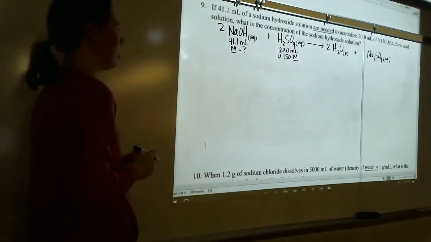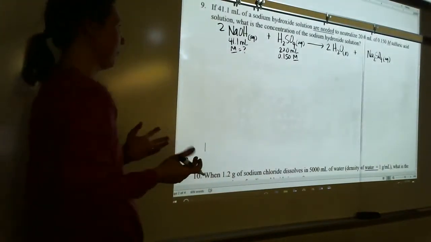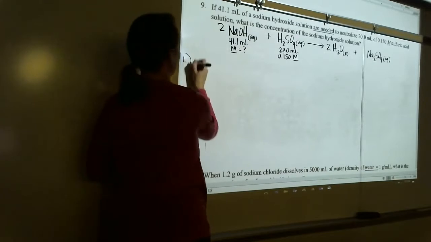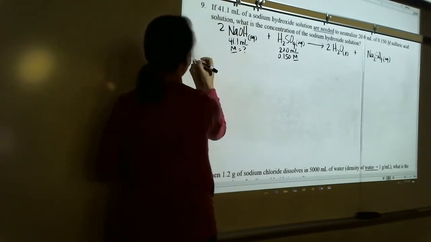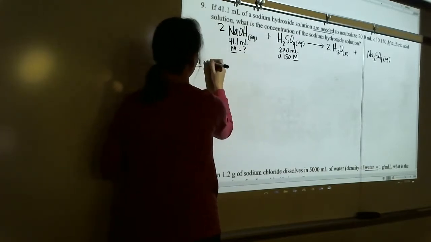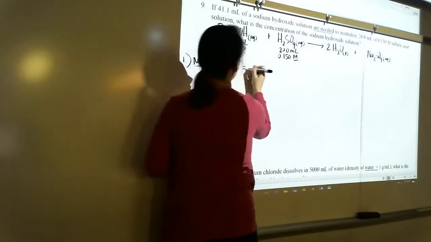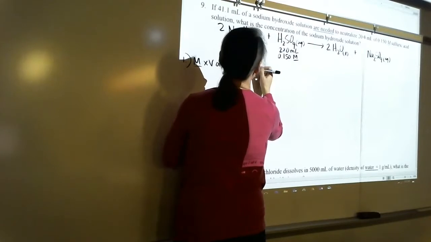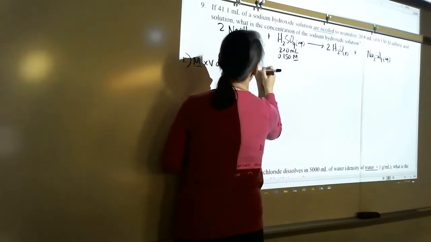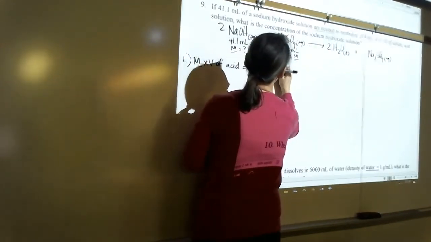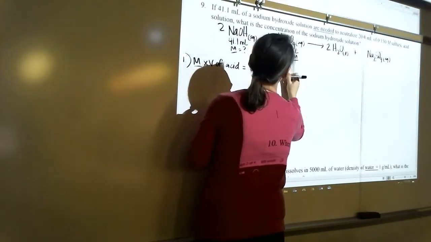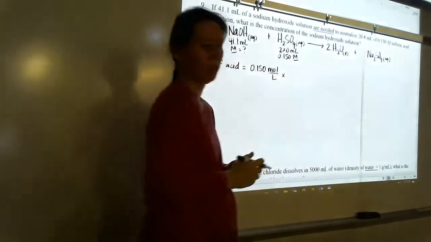All right, so titration, we have to do some steps, right? First of all, we need to know number of moles of acid. So molarity times volume of the acid. So molarity is 0.150 moles per liter. And the volume, can I leave it in milliliters? What should it be in? Liters.